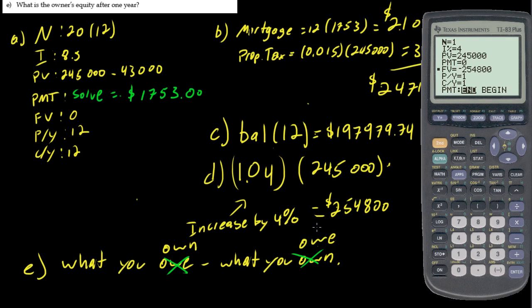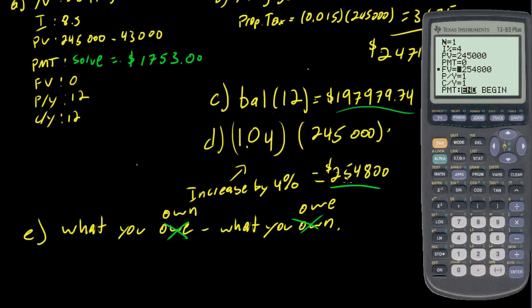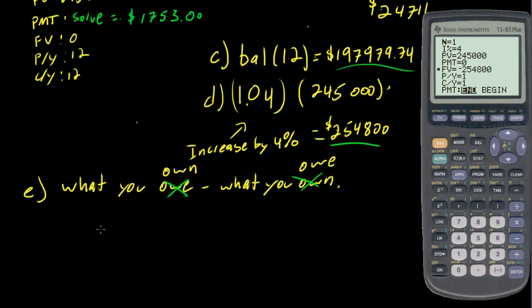So let's put it into this picture. You own a house, right? And that house after a year is worth $254,800. What you owe on that house after a year is $197,000 and change. So your equity on it is what you own, $254,800, minus what you owe on it, the balance that you still remain on it.